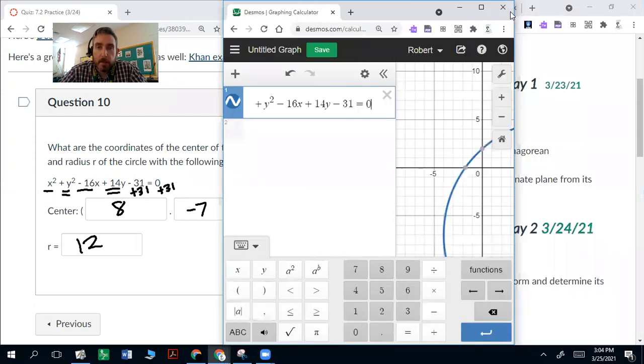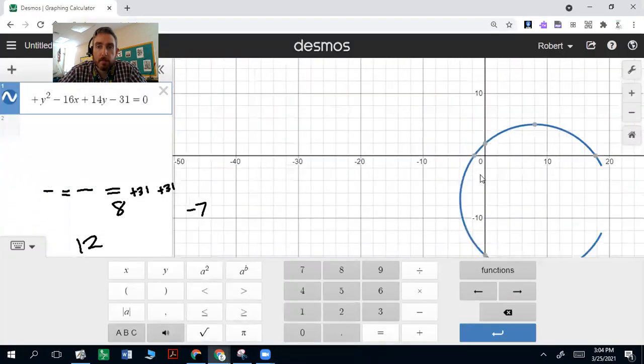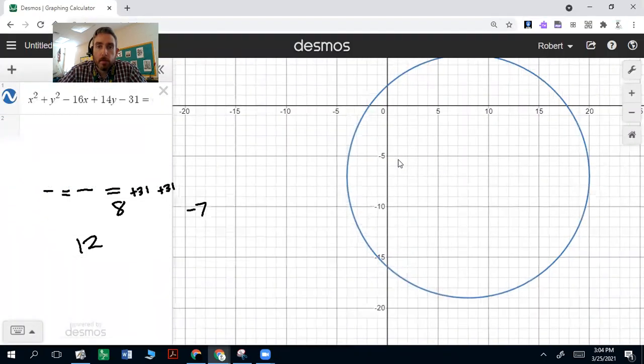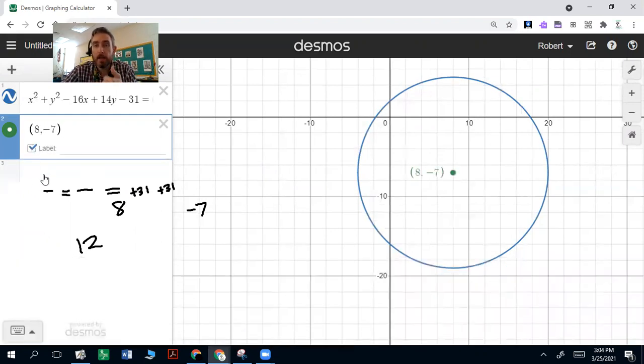All right, let's see over here. Let's make this a little bit bigger since this is a big circle. So that coordinate 8, negative 7, our parentheses 8, comma, negative 7. Looks like it's in the center. I'm down with that. All right, let's get the radius. So I'm gonna go from 8, negative 7 all the way to 20. If I go straight over to 20, horizontally that is 8 plus 12 will get you 20.